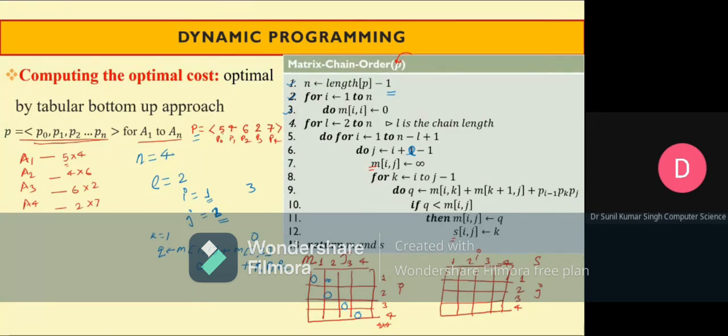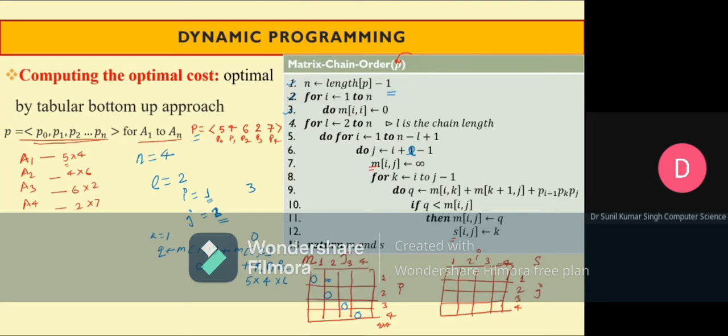P0 is 5 multiplied by P1, that is 4, and P2, that is 6. So this multiplication is going to be 120. 5 into 4 into 6, 120. So 0 plus 0 plus 120, that is going to be 120.